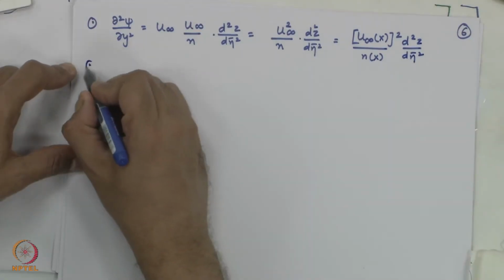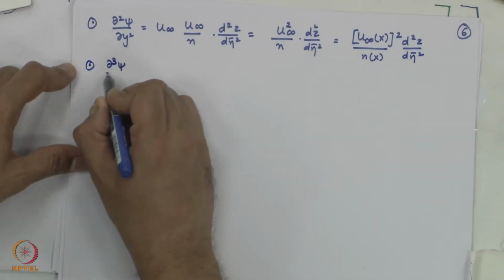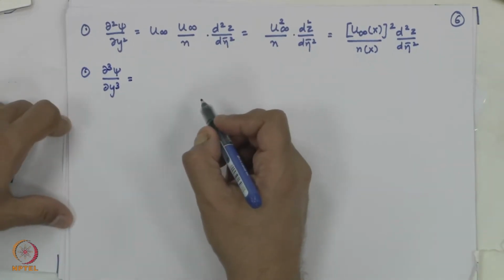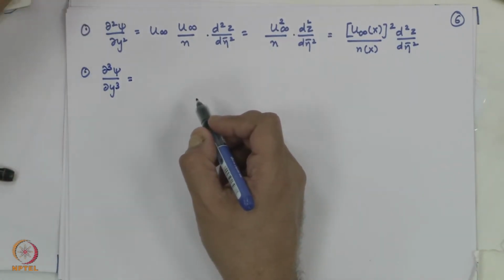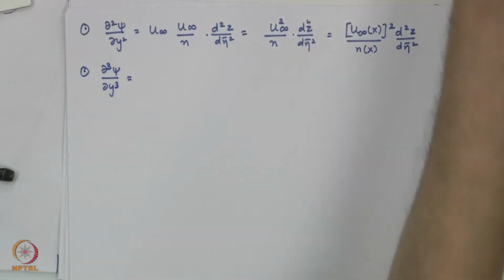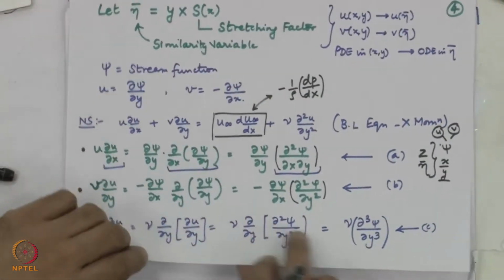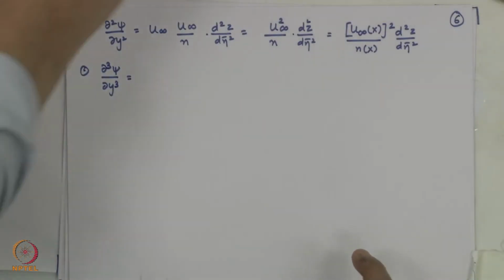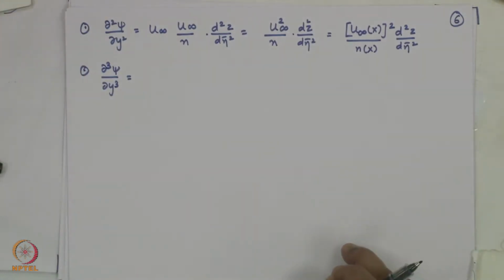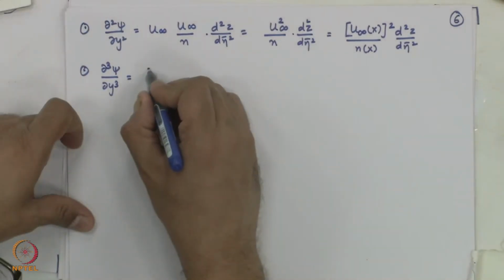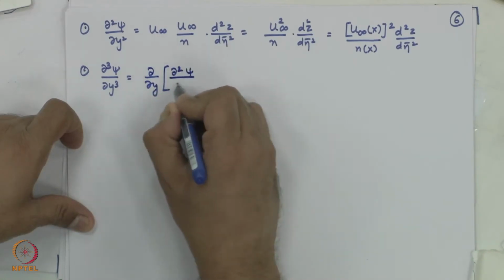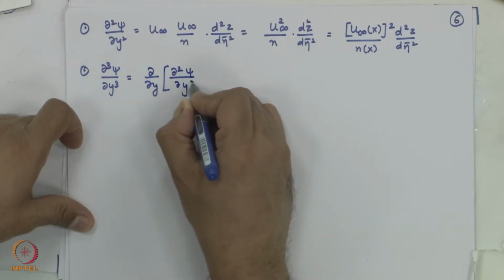Next, we have d cubed psi by dy cubed, because that is what is there on the right hand side of the Navier-Stokes equation. So we want to transform this to z and eta bar. We write this as d by dy of d squared psi by dy squared.